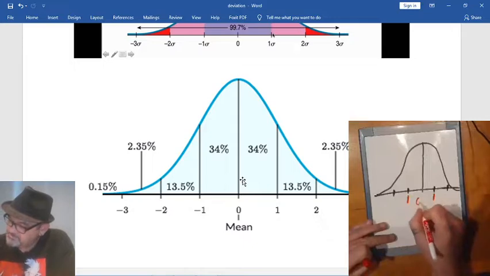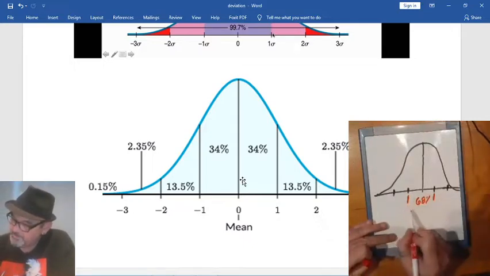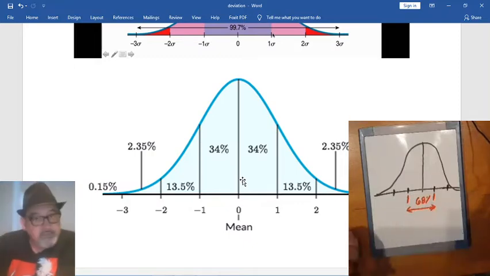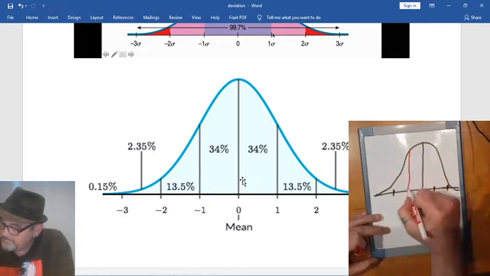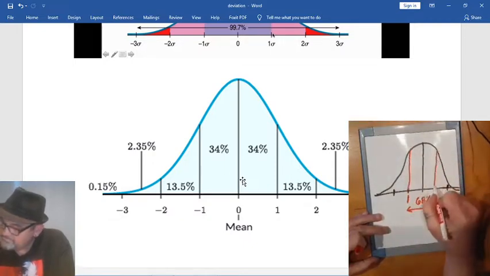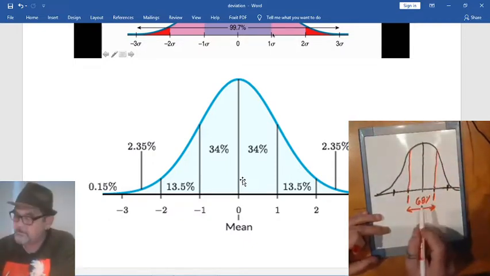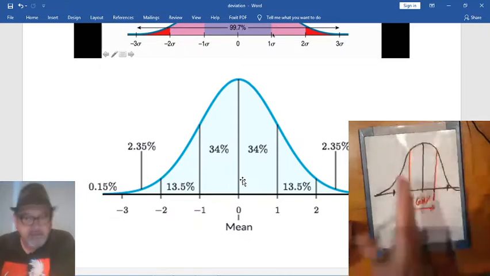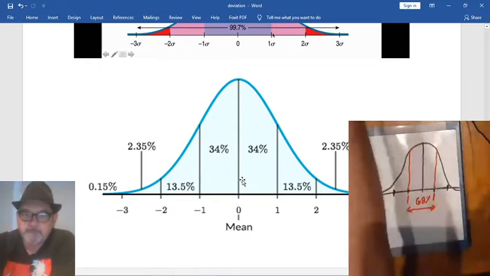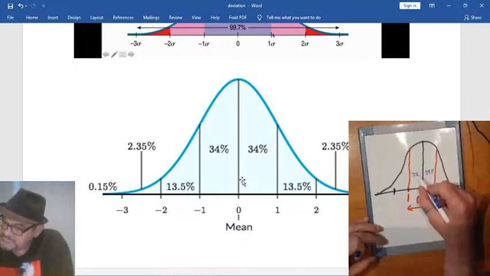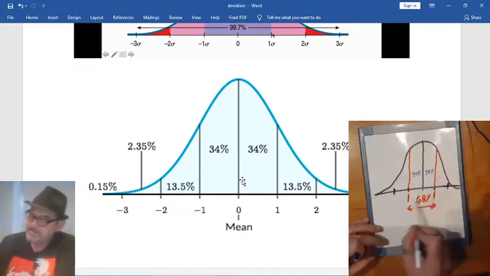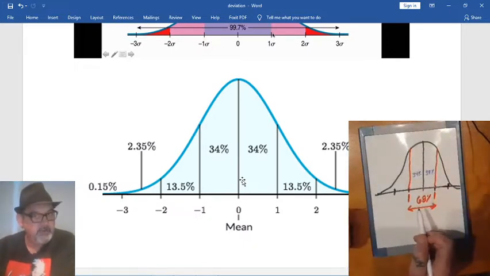So this is 68% from here all the way across to here, okay? Well, if I know that between here and here 68% of the data points fall, because the median is exactly the halfway point, I know that between here and here is 34%, and between here and here is going to be 34%. Why? Because that's half of 68, right?